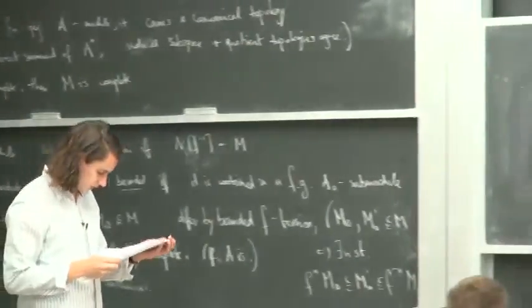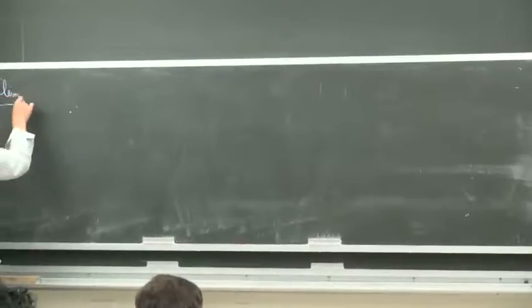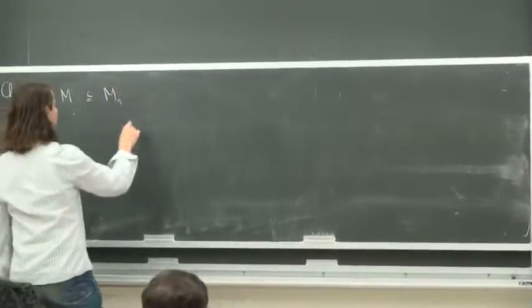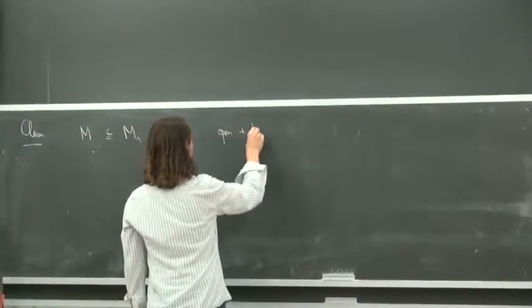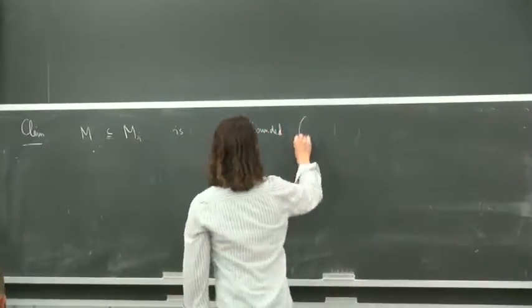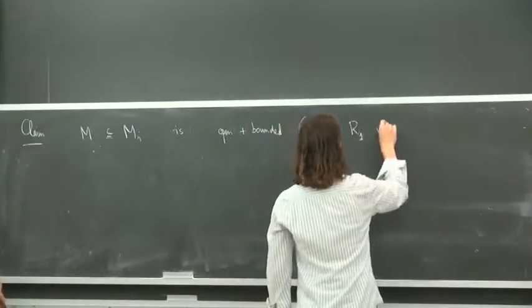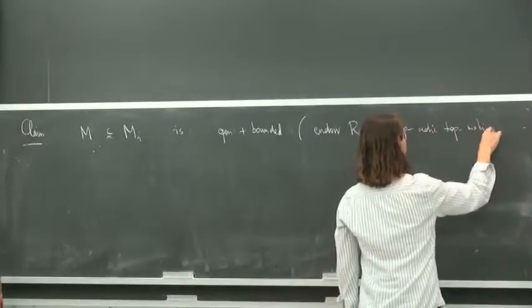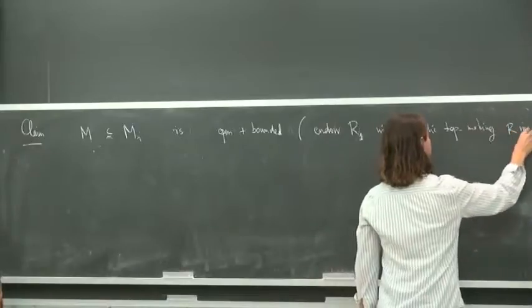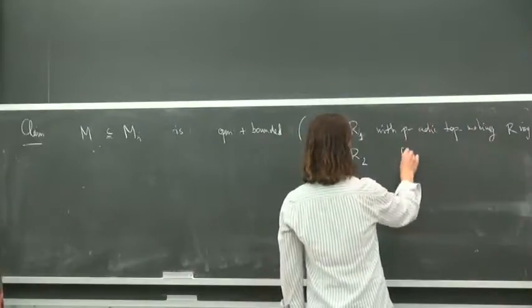Okay, and so an intermediate claim is that M, which is contained in Mi, is open and bounded. Where we endow R1 with a p-adic topology, making R the ring of definition, and R2 with the pi-adic topology.